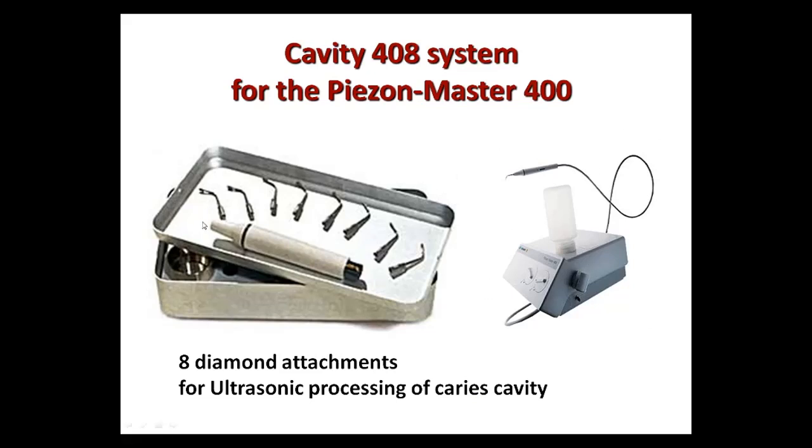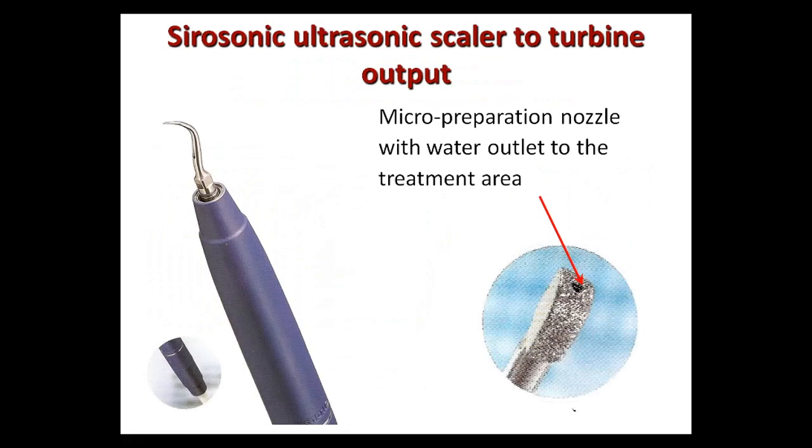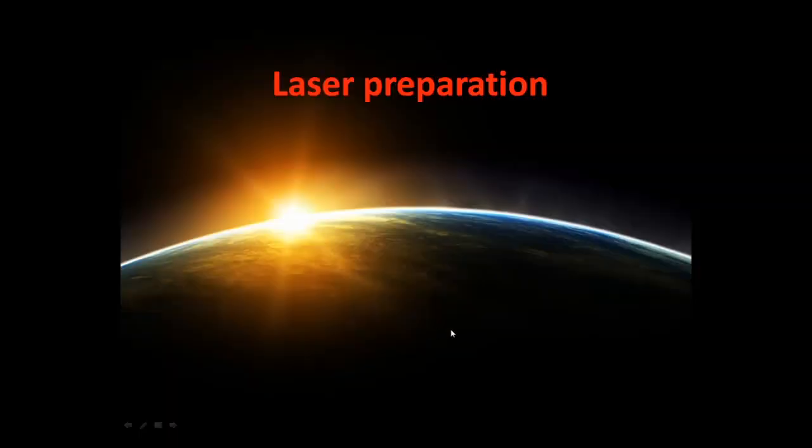It is a set of tips with diamond coating for ultrasonic processing of caries cavity. Another example is an ultrasonic scaler with a micro preparation nozzle with water outlet to the treatment area, but also with diamond coating.